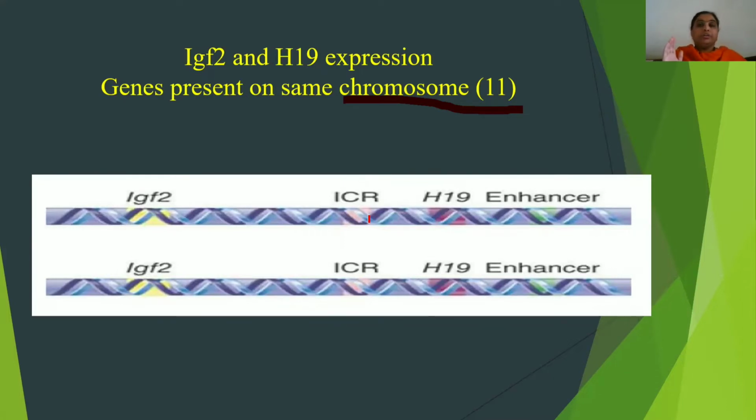Now you may know the function of the insulator. The insulator allows the binding of the repressor, and it inhibits the effect of the enhancer over the next gene. This insulator also insulates against the spreading of methylation.